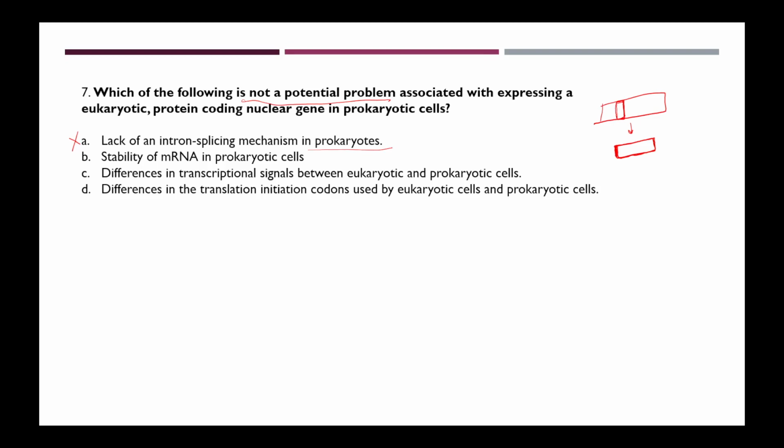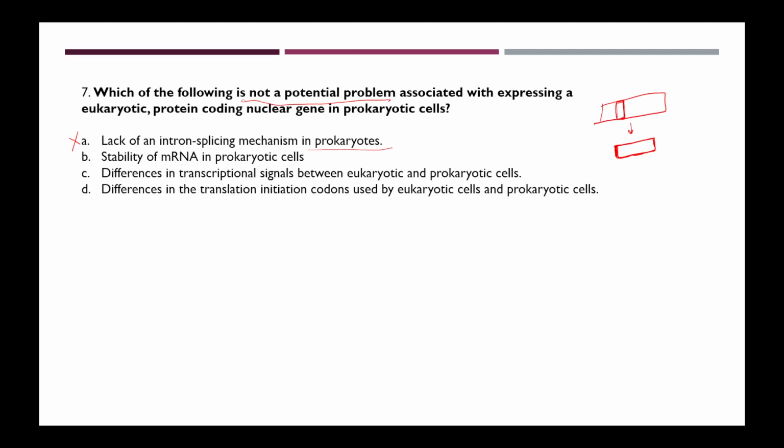There are chances that the mRNA being produced during transcription is not stable in the prokaryotic cell. Sometimes we give the IPTG induction, the gene is there, still the protein is not being formed because the RNA itself is not stable in the prokaryotic system. So to make it stable, we have to do some changes.